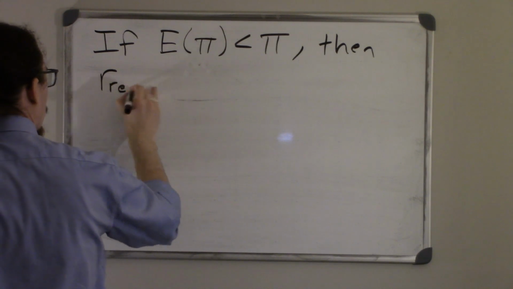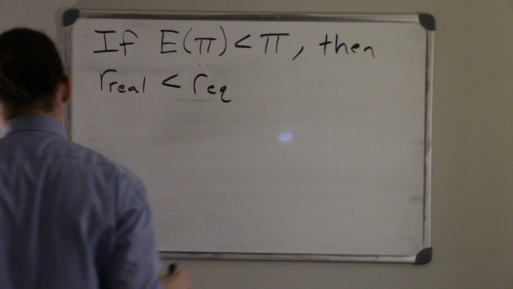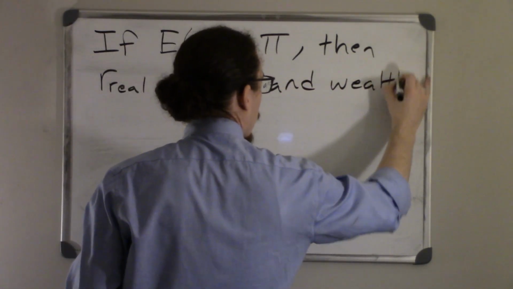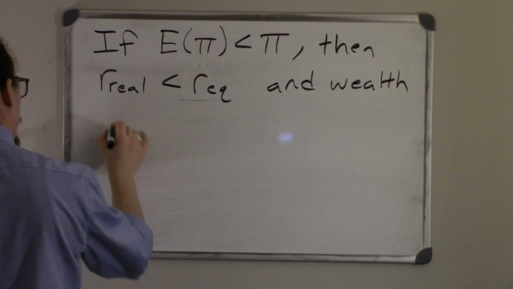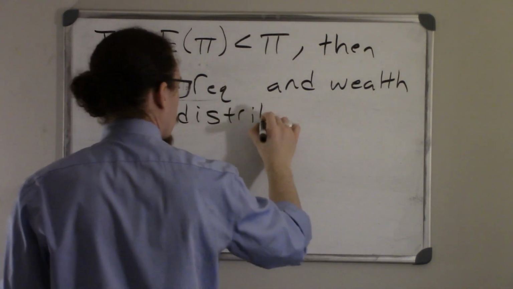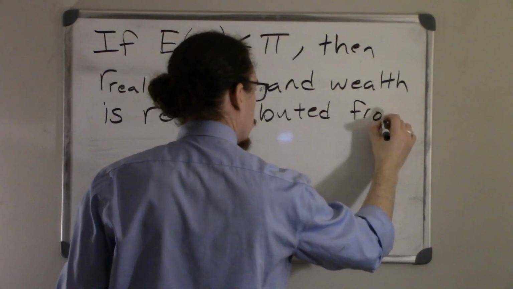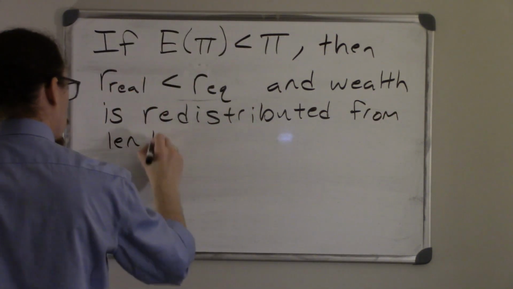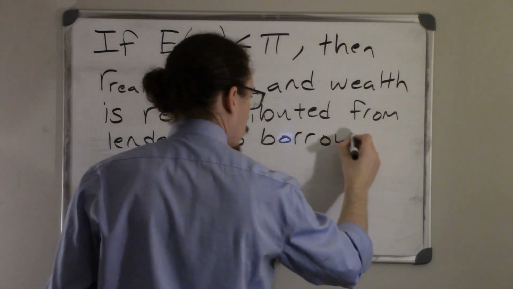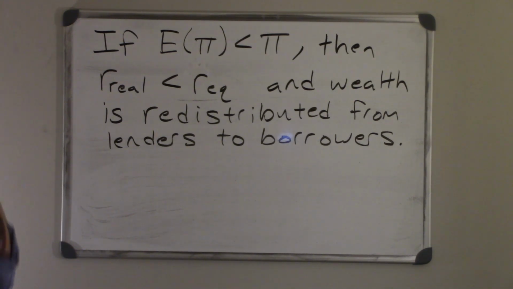And so that would mean that the real interest rate is less than the equilibrium interest rate, and wealth is redistributed from lenders to borrowers.